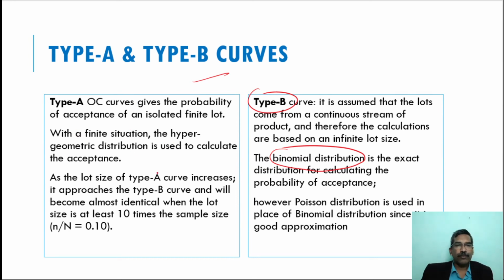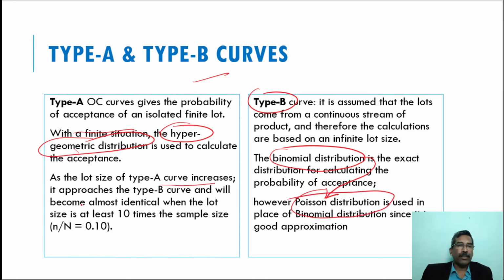You can see here, this is based on the hypergeometric distribution, which is used to calculate the acceptance. But the binomial distribution is closely approximated by the Poisson distribution. Therefore, in place of the binomial distribution we use the Poisson distribution.